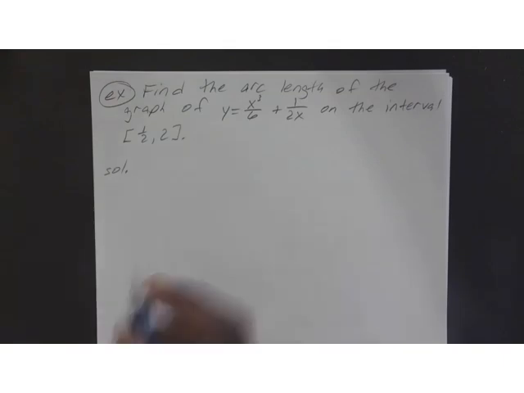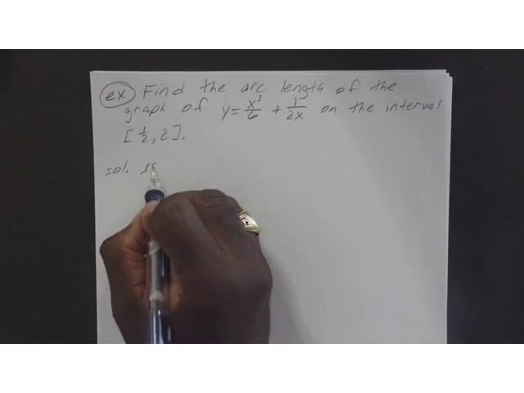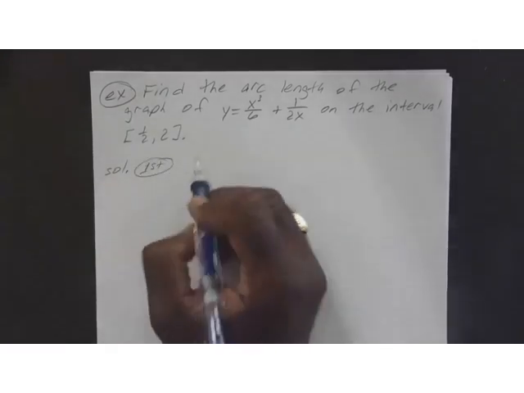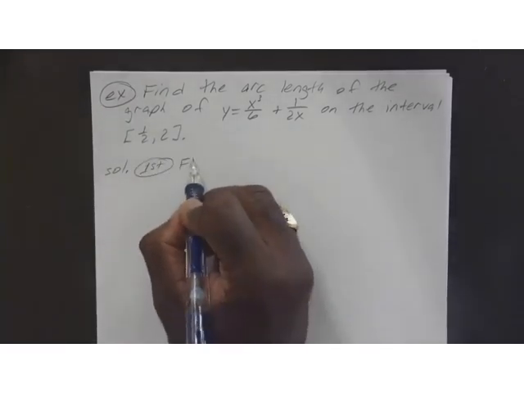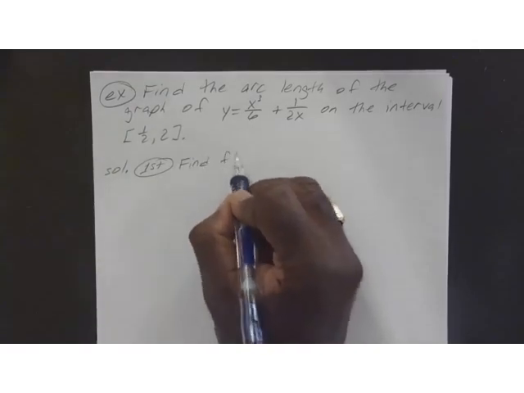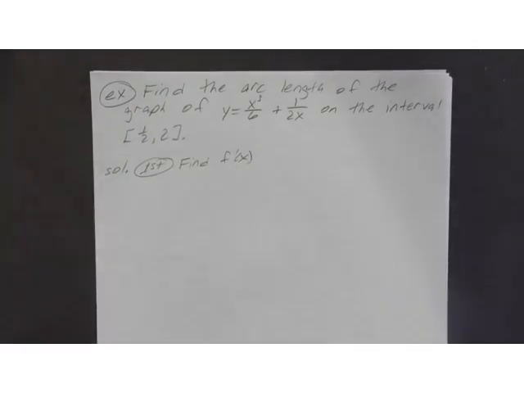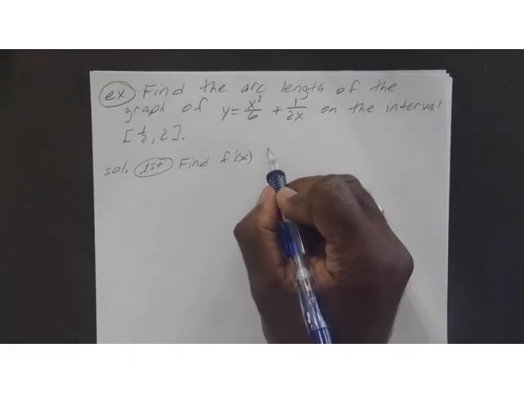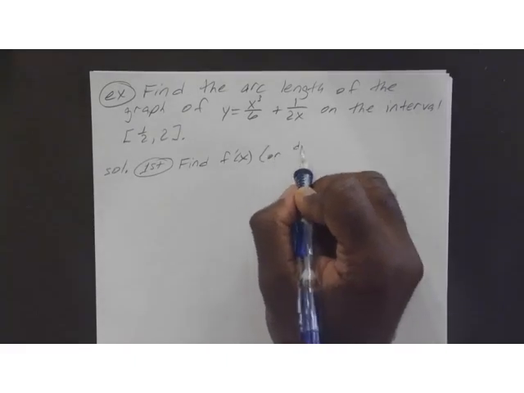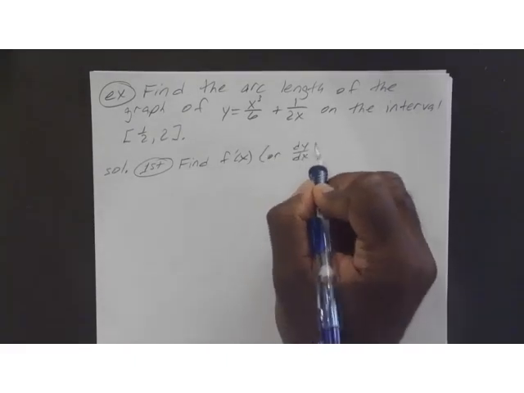So because you're looking for the arc length, the very first thing you want to do is find your derivative. So you want to find your f prime of x, or dy dx, whichever form of it you want to use.